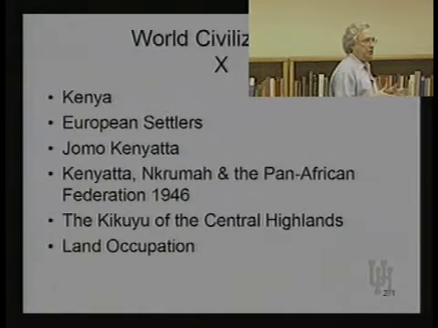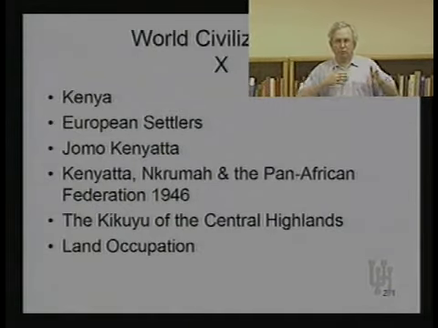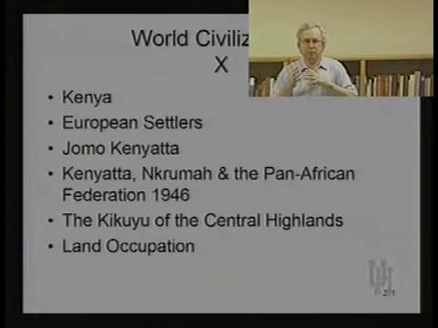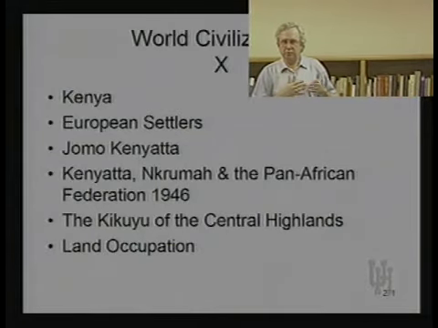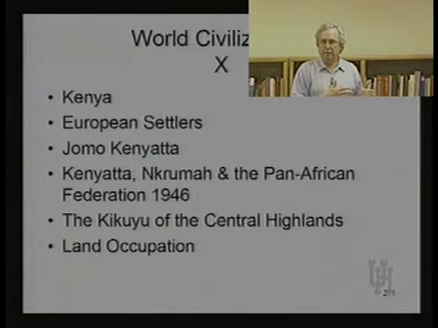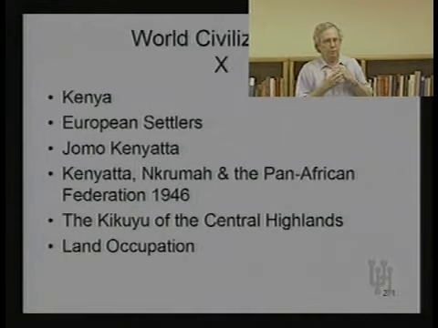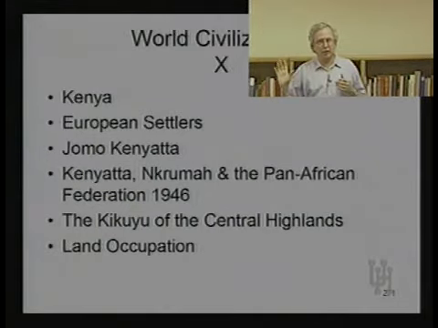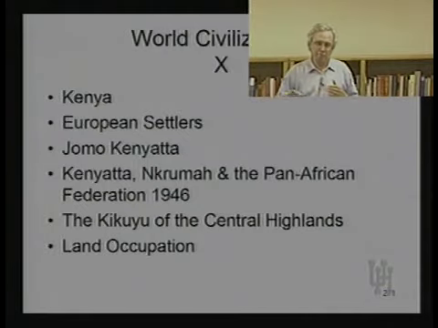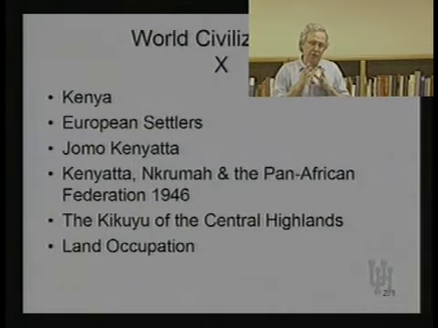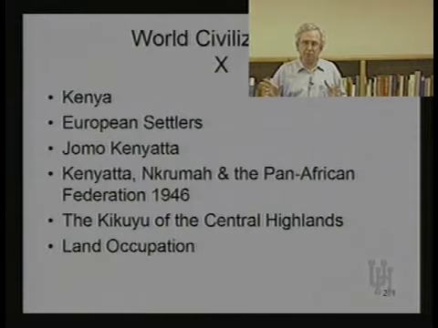A contrasting example, even though it was very close chronologically to the events in Ghana, was the British colony of Kenya, located on the east coast of Africa. Kenya had attracted hundreds of thousands of British settlers. It had a relatively temperate climate.